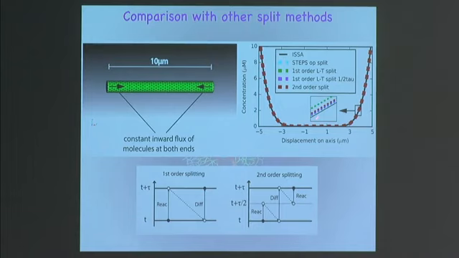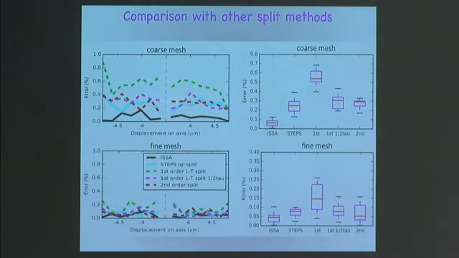The differences are not always that large, but you can look at this more systematically on different types of meshes, and especially compared to the first order method, we're considerably more accurate.